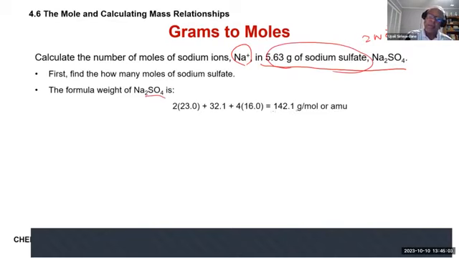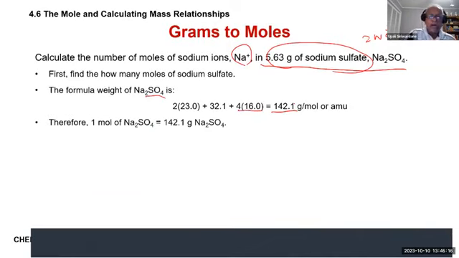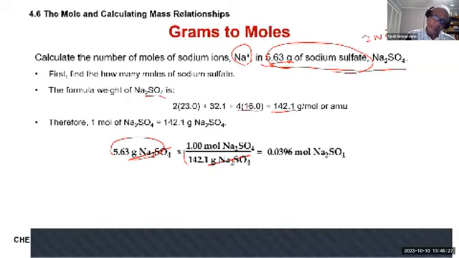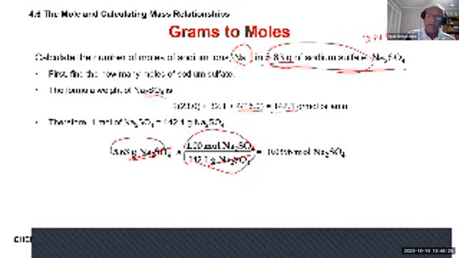You calculate it by adding 2 sodiums, 1 sulfur and 4 oxygens, which gives 142.1. That's the formula mass. Moles is grams divided by formula mass.